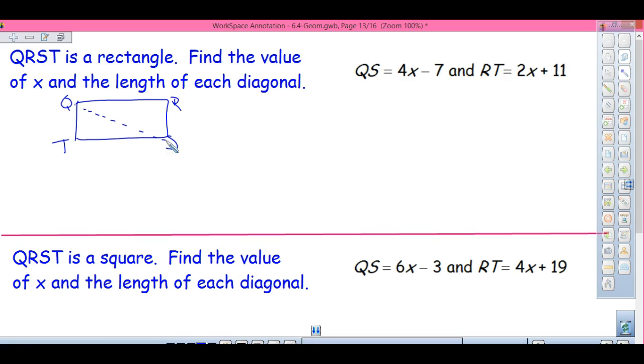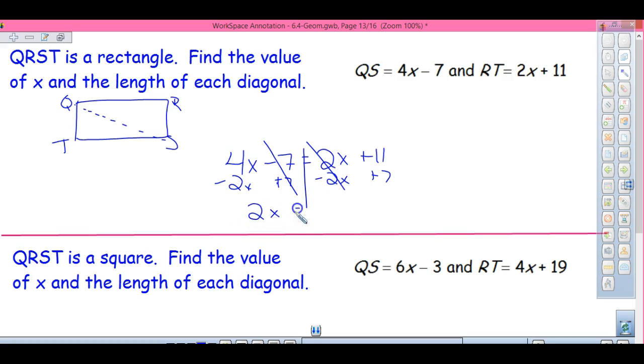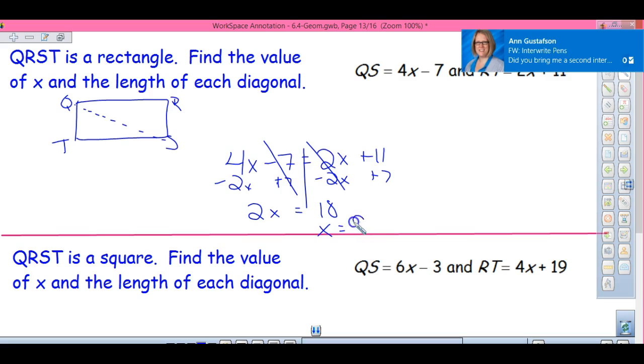How can I figure out what x is? Well, they're congruent, so equal to each other. Yes, because diagonals are congruent, we can set them equal to each other. So 4x minus 7 equals 2x plus 11. Minus my 2x, add my 7, so 2x equals 18, x equals 9.